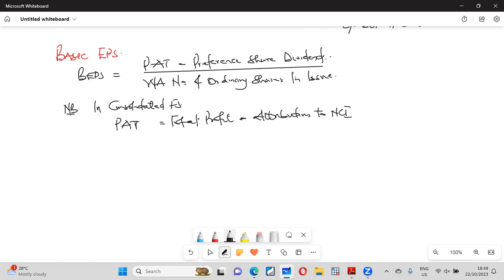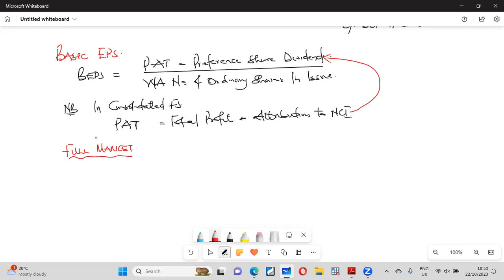All right. Now let's do the full market. As for your weighted average number of ordinary shares, it's still the same in the formula. So now let's look at how full market operates. Issuing shares at full market. What do we mean by issuing shares at full market? It means that we are using the price of the share in the market.